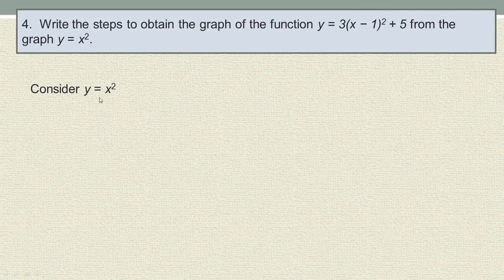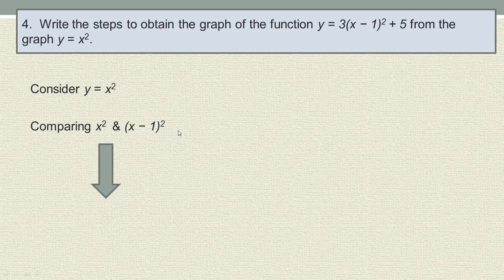So consider y is equal to x square. In this function you are having x squared form, and here you are having x minus 1 the whole square. So you should compare x square and x minus 1 the whole square first. Here instead of x you are having x minus 1.